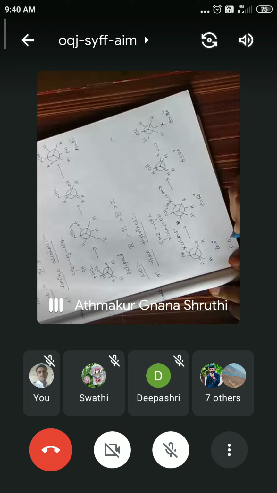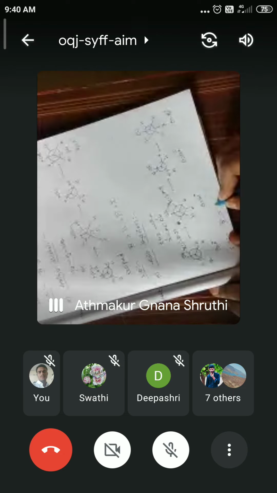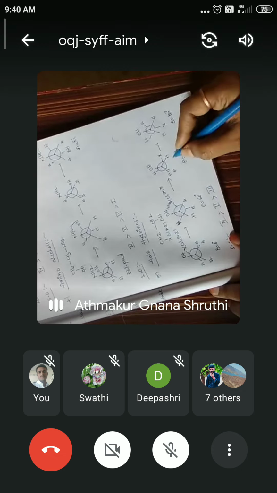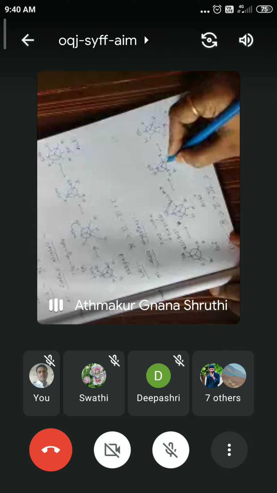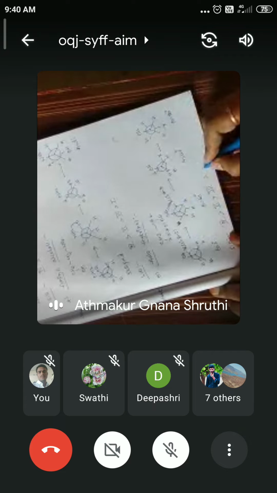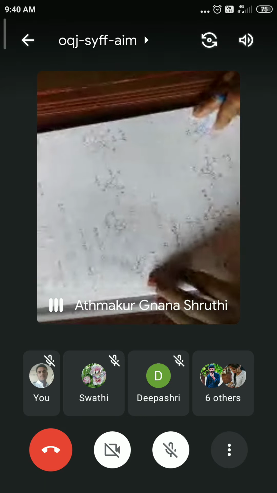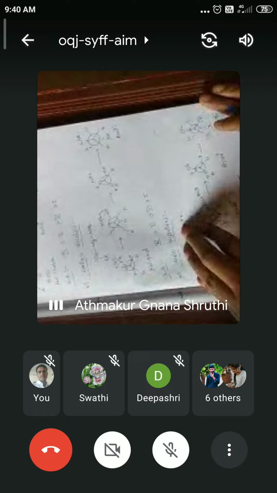Now the stability order. The fourth structure, the anti structure, is greater than the gauche structure. The gauche structure is greater than the partially eclipsed structure. The partially eclipsed structure is greater than the highly eclipsed structure. So these are the possible conformations in ethane.